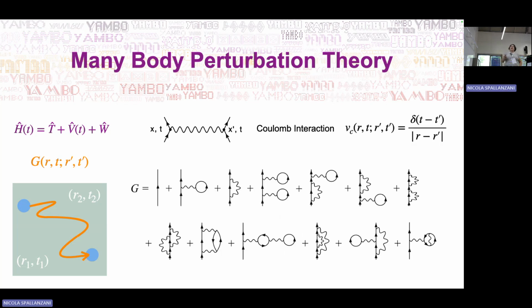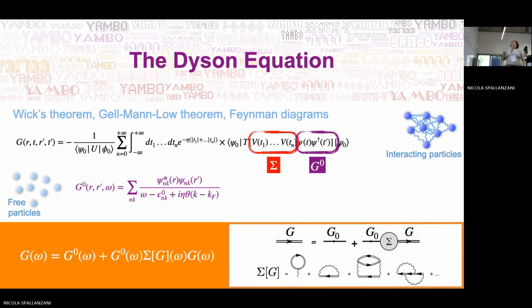So if we say that our scattering events are given by the two-body Coulomb interaction, then we can write our Green function as an expansion of this type of diagrams, as Andreas showed before.